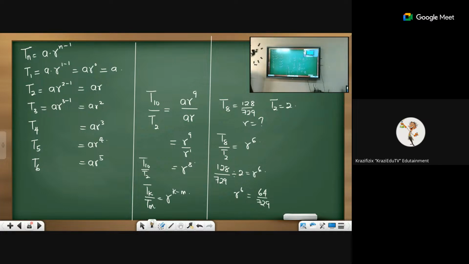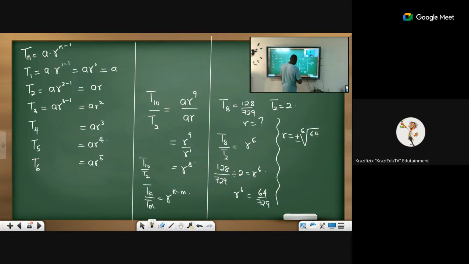Yeah. Okay, now how do I get my R? R becomes what? The 6th root, but plus or minus, because it's even.